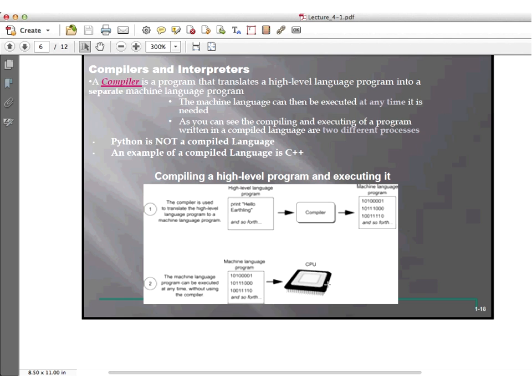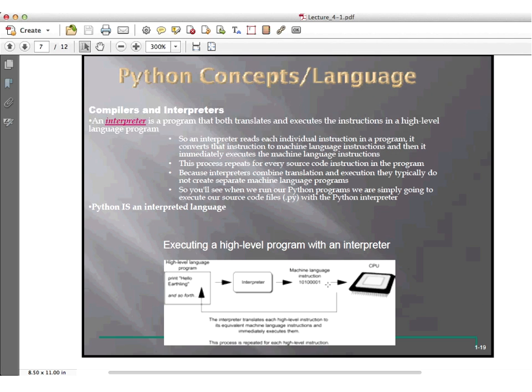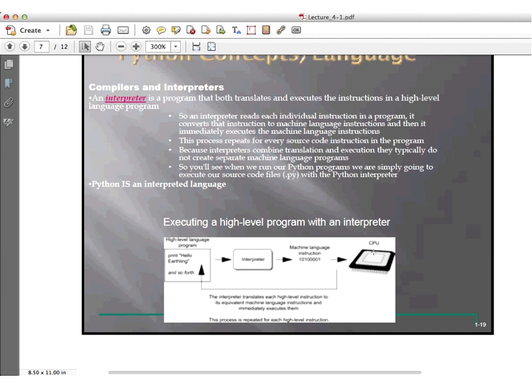An interpreter both translates and executes the instructions in some sort of high-level language. So in this particular case, your program is interpreted, that kicks out machine language that then goes to the CPU. But the program itself is not stored as executable binary.